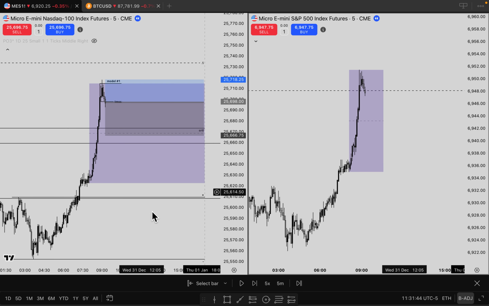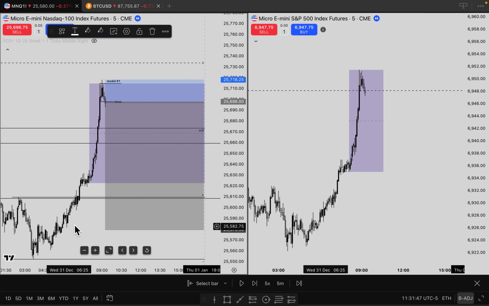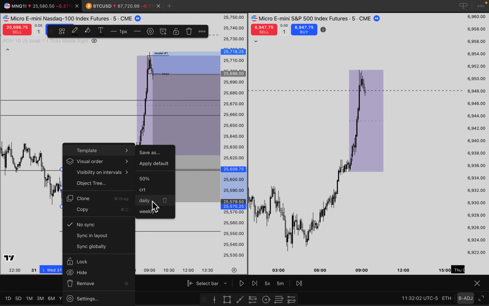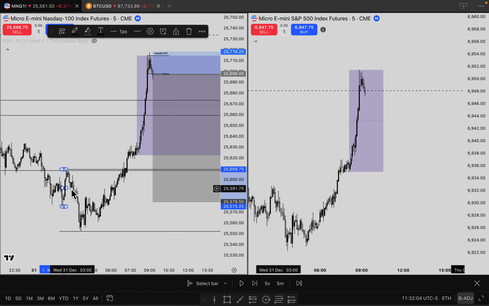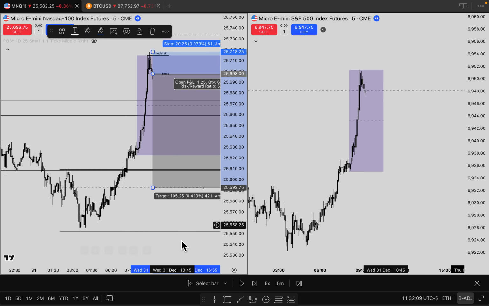So I'm good to take my shorts. So remember the true market structure shift and your model 1 right there, higher time frame model 1. I have my TP right there.